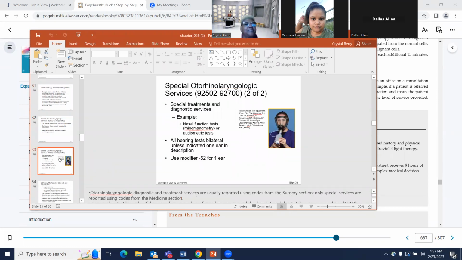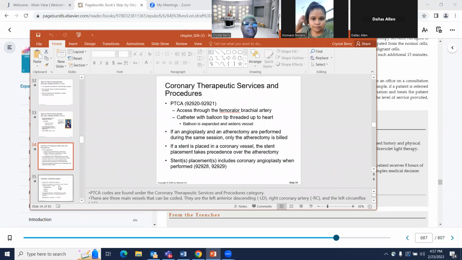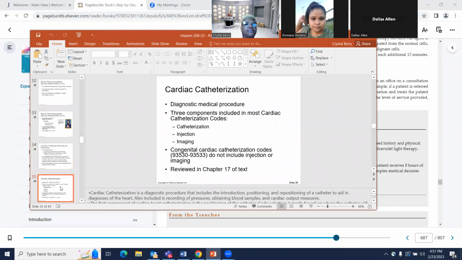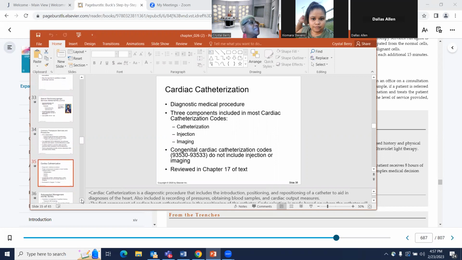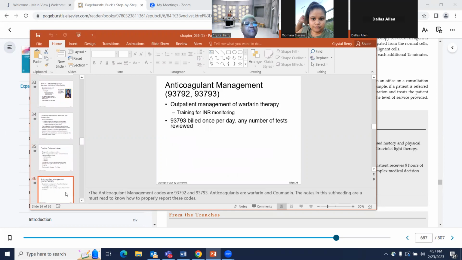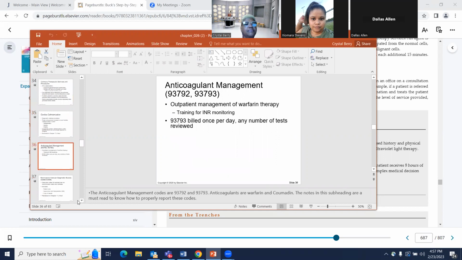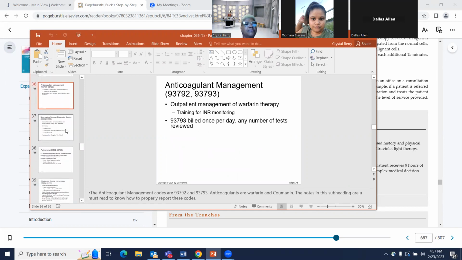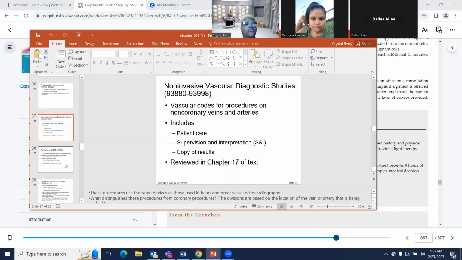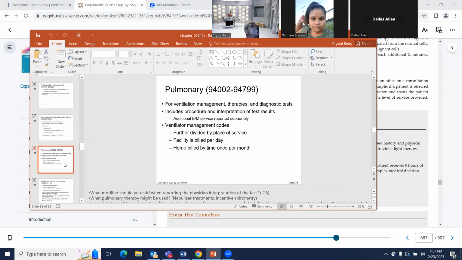Not A. So I'll give you all that one. Electromyography. C, electromyography, EMG.